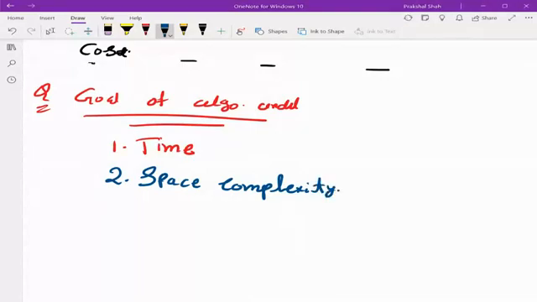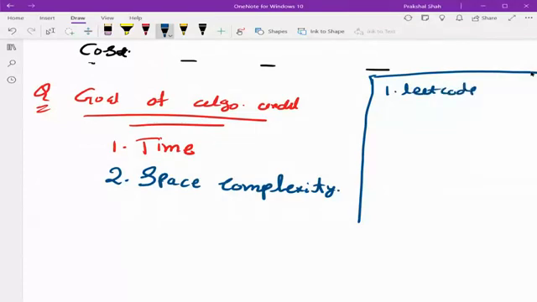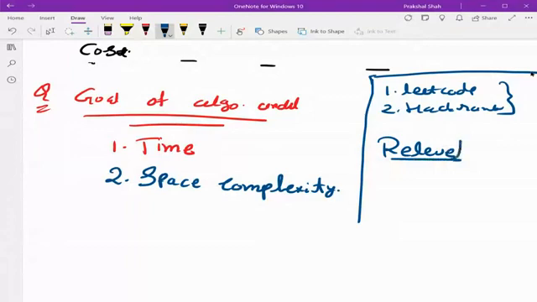Now, if you take an example of any coding round, let's say if you code on LeetCode, on HackerRank, or if you give an examination on Reflex, they will assess your solution on three bases.